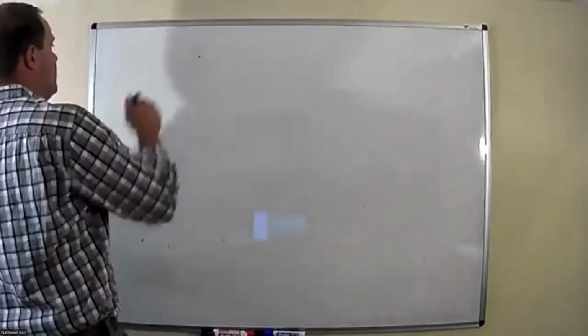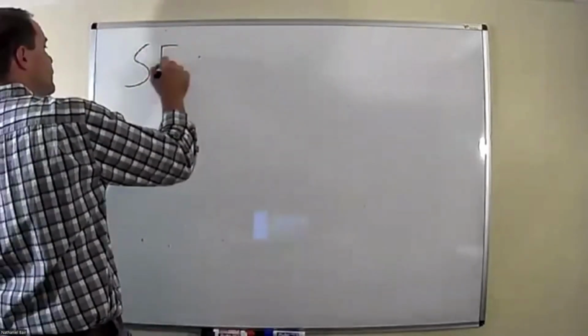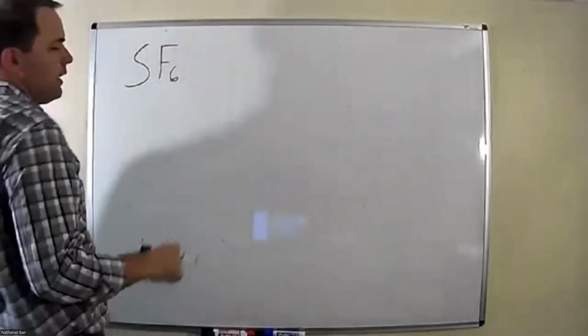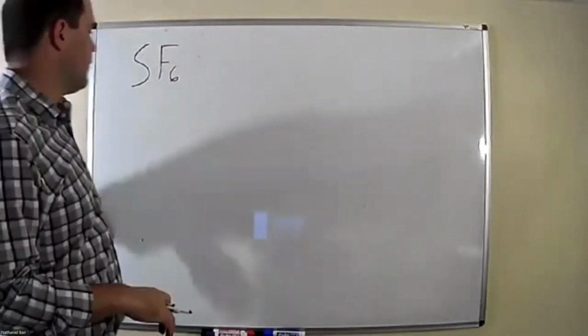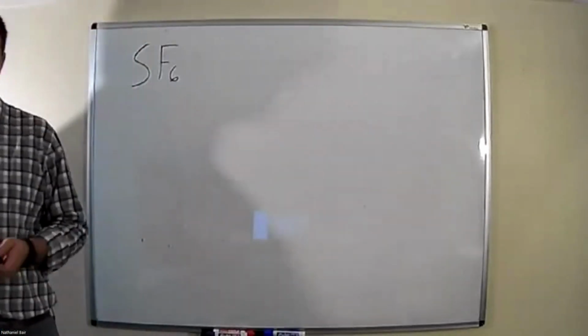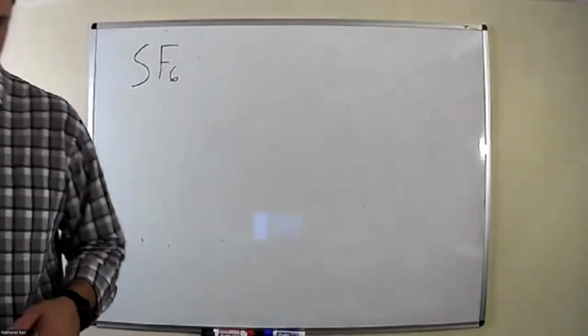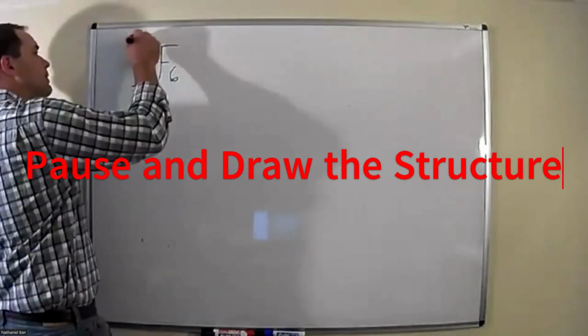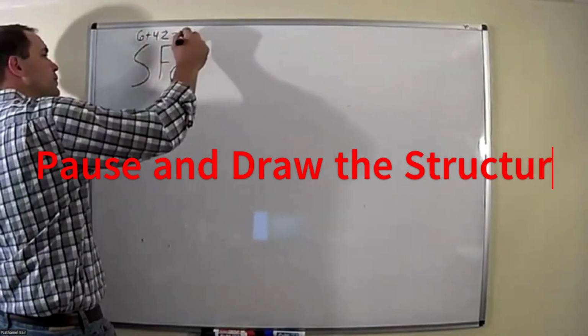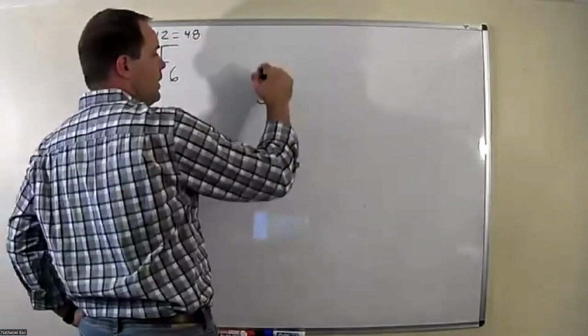Domain 6. Sulfur hexafluoride. Go ahead and see if you can put it together correctly, and then see if you can find the geometry. Then we'll talk about how to draw it. 6 plus 42 equals 48. Sulfur in the middle.